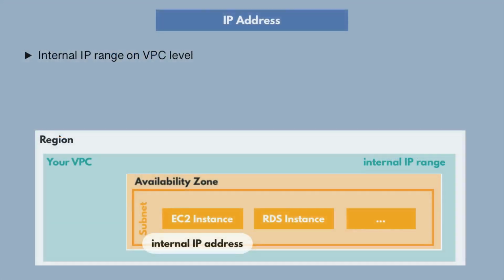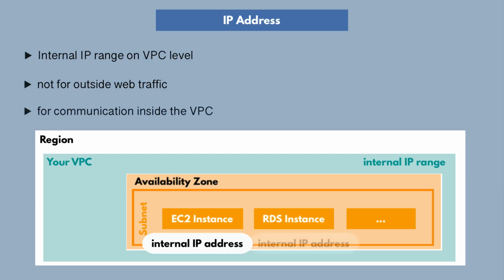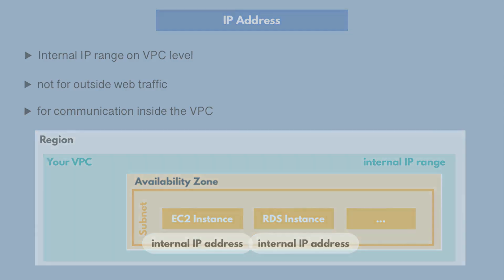So an internal or private IP address is not for internet traffic, but rather for traffic inside the VPC. When you have multiple servers, multiple components inside the VPC, they need to communicate with each other, right? So you have an instance with a web application, another instance with a database application, maybe a third one with some other service. They all need to communicate. So the private IP address is what allows them to talk to each other.